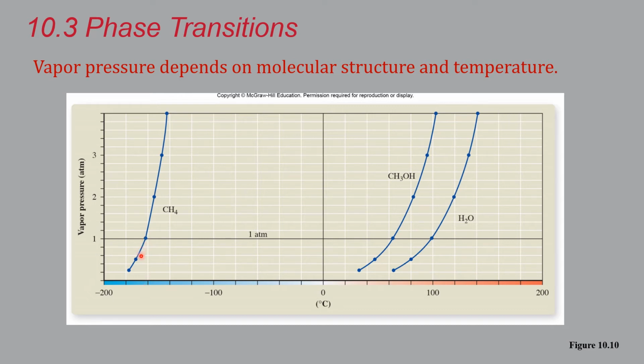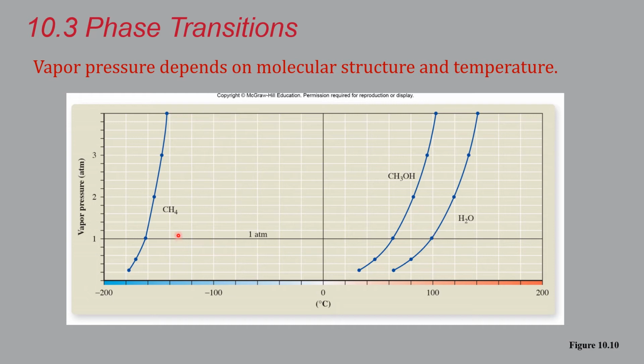So you do not need a whole lot of thermal energy to get 1 atmosphere's worth of methane molecules into the gas phase. Methanol, on the other hand, requires a temperature of, so this would be 40, 60, 80, let's call it 82 degrees Celsius. And water doesn't get that pressure until 100 degrees Celsius.